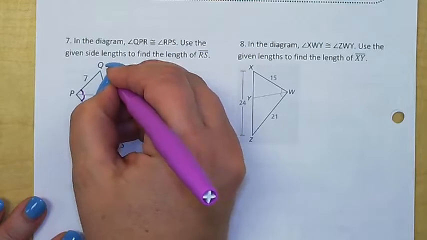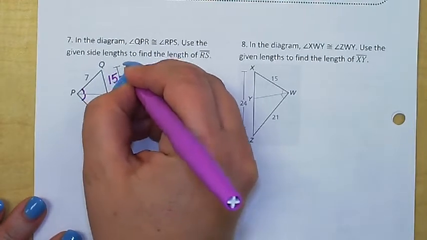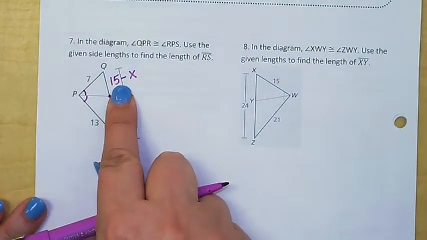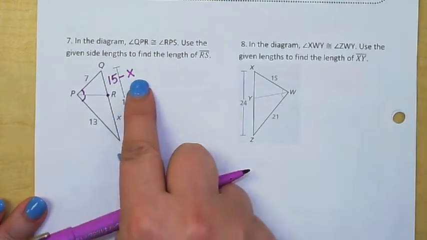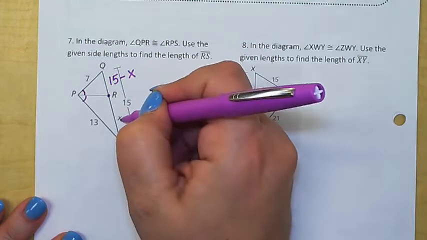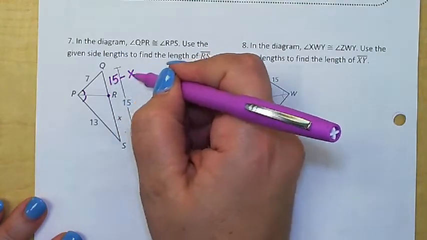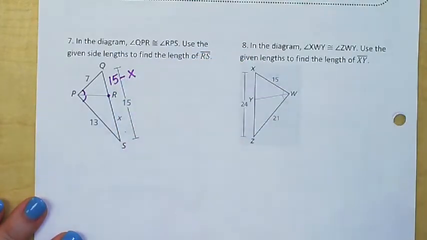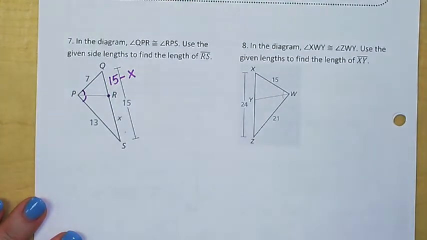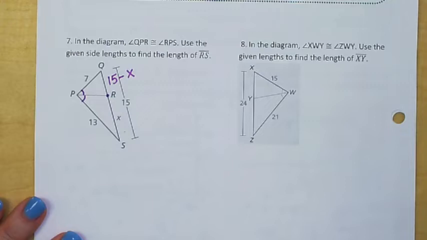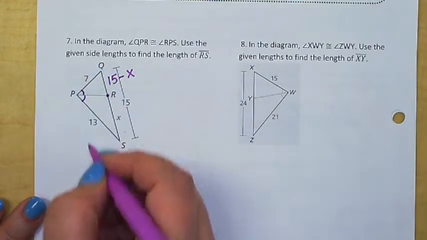We know that whatever this length is, it's going to be 15 minus x. So I can call it that and use the same variable, right? Because whatever this is going to be is the difference of 15 and that, and together they equal 15. Now I can set up my proportion, okay? So essentially 7 is to 13.